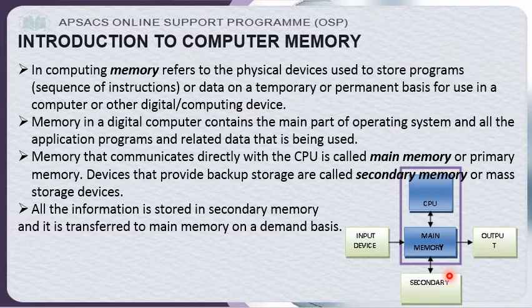Whenever we need to process our data from secondary storage, it will come first to the main memory, and from main memory it will go to the CPU. So whenever we need that, we move that data to the main memory, and from main memory it goes to the processor, and from the processor it goes back to any input or output device, so it can communicate directly with that.